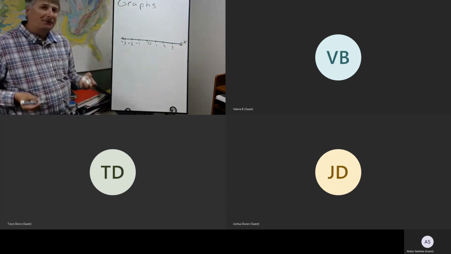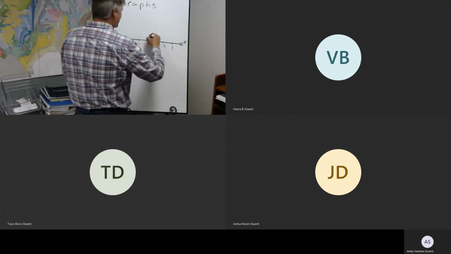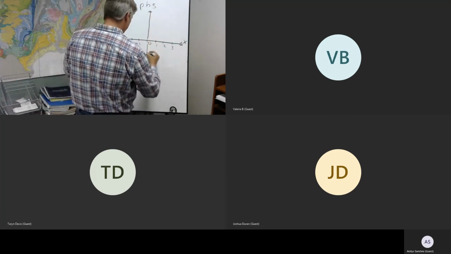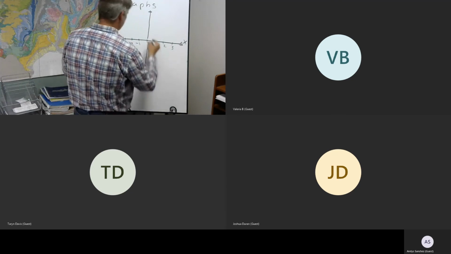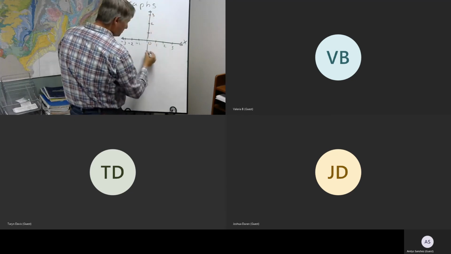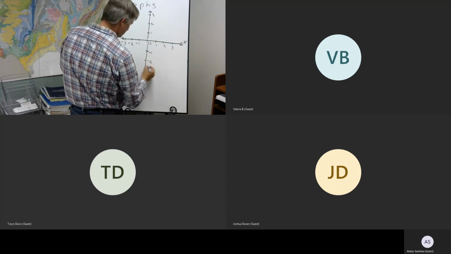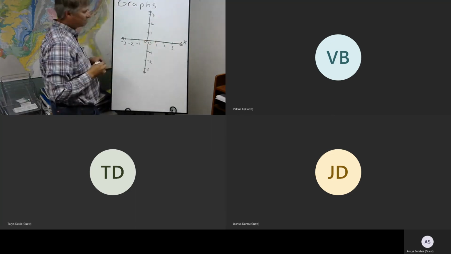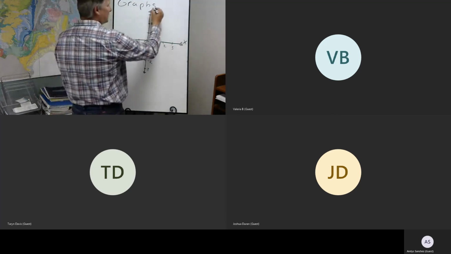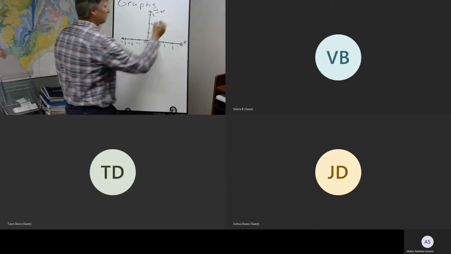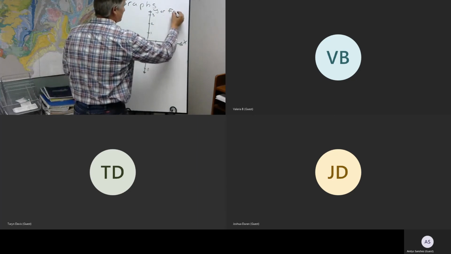So that horizontal axis is the x-axis. The vertical axis crosses at x is 0. It's also a number line. Vertical of 0. And we oftentimes call this the y-axis, or, since we're using f of x, the f of x axis.